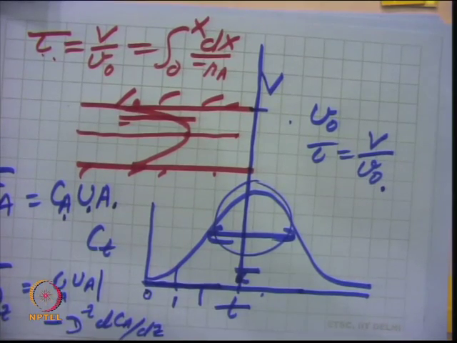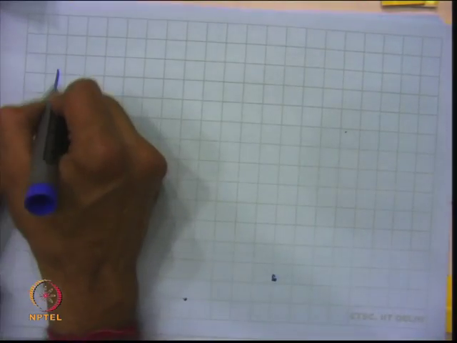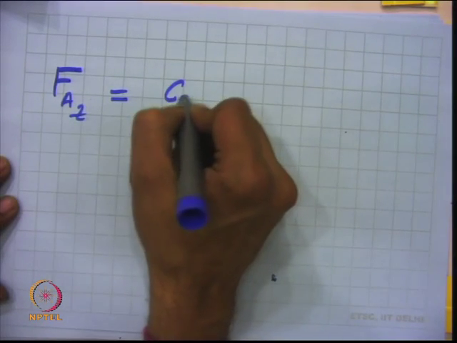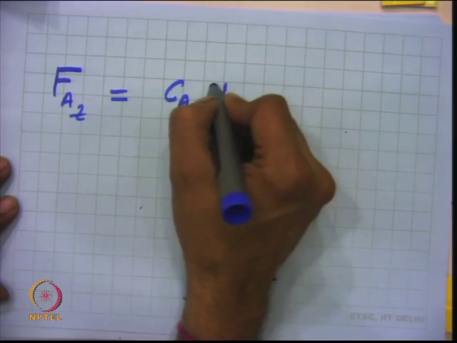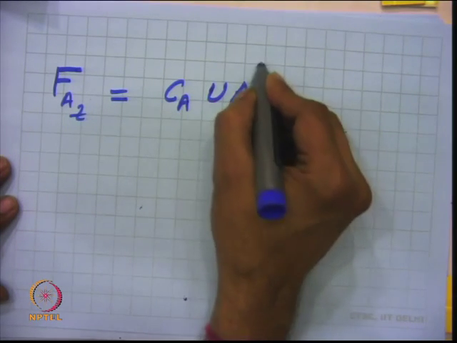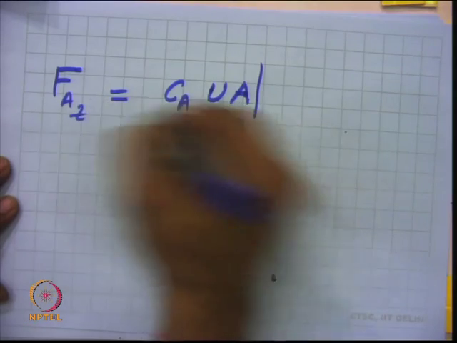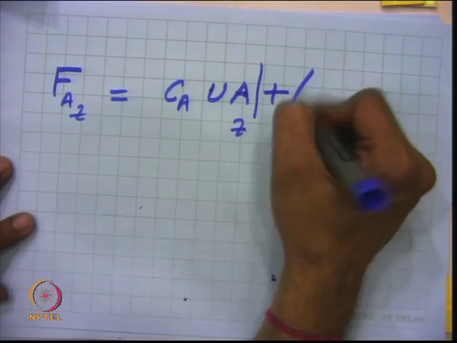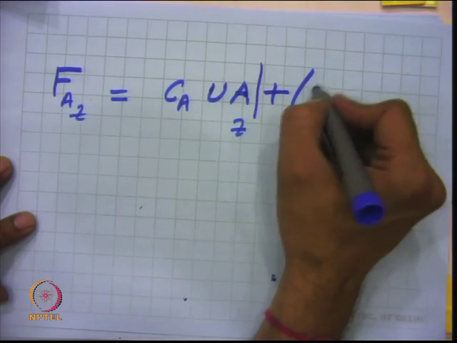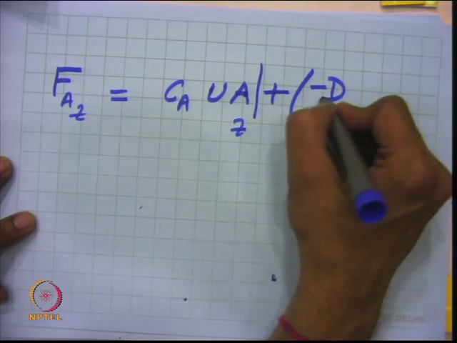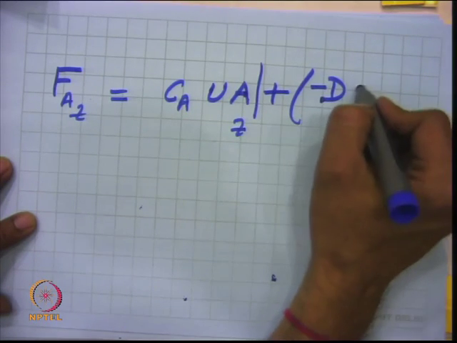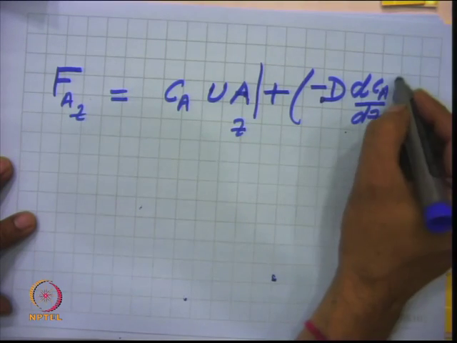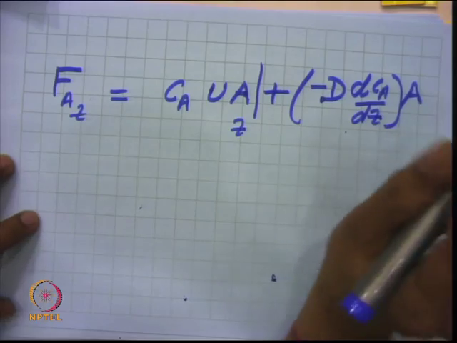something like that. So, just to clarify, because of this dispersion non-ideal term, your C A into U times area of cross section is evaluated at the point Z. So, this is your convective flow plus a dispersive term which is written from Fick's law of diffusion: minus D, which is now the dispersion coefficient, times d C A by d Z, which is your flux, multiplied by the area of cross section.